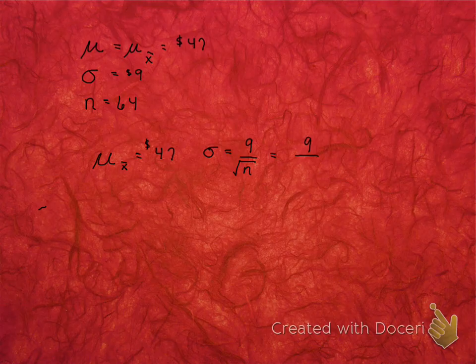So the square root of 64 is 8, okay? So when you do that division, you get 1.125 as your standard deviation for the mean, okay?